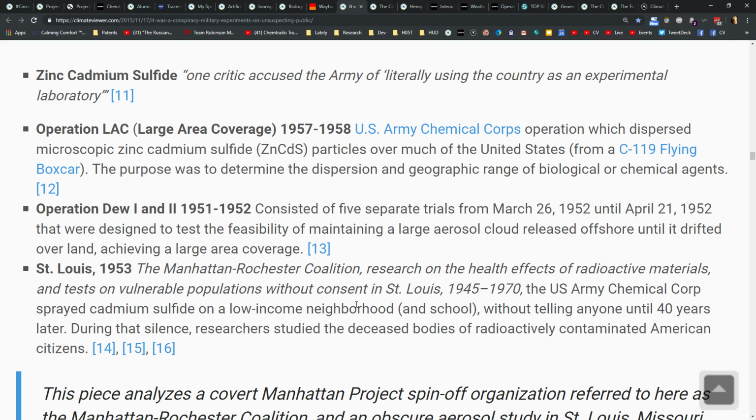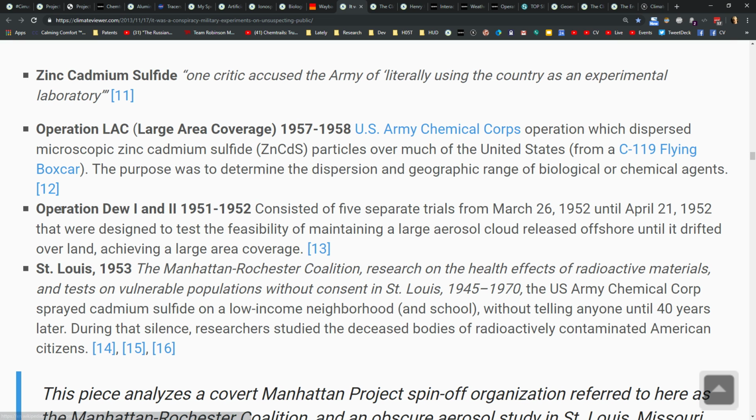Some of the operations associated with this were Operation LAC, or Large Area Coverage, 1957 and 1958. The U.S. Army Chemical Corps operated which dispersed microscopic zinc cadmium sulfide particles over much of the United States from a C-119 flying boxcar. The purpose was to determine the dispersion and geographic range of biological or chemical agents.